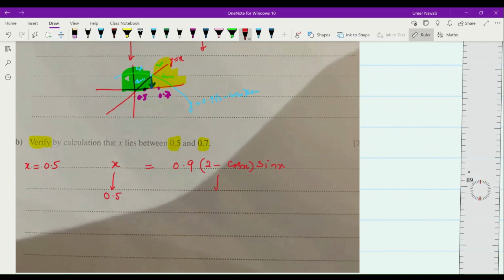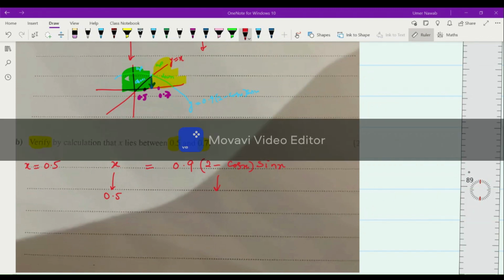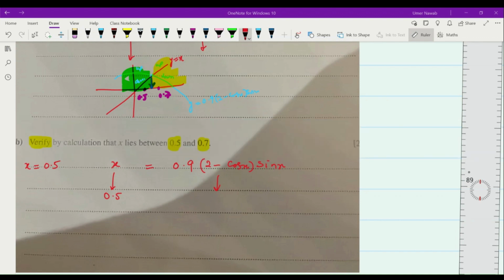Now I'm going to substitute x also on the right hand side to check the numerical answer. Is it positive or negative? So cosine of 0.5, bracket close, and then I put sine of 0.5. So guys, what is the answer I'm getting?